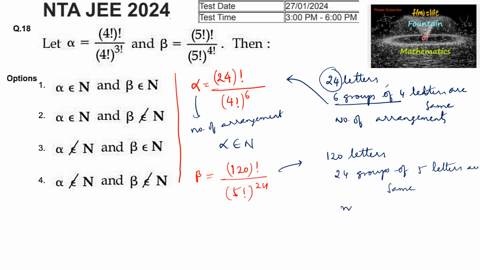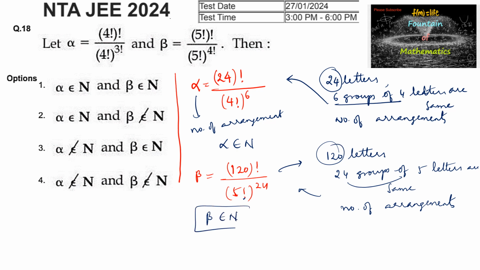In such a case the number of arrangements we can make is 120 factorial upon 5 factorial into 5 factorial, 24 times we'll consider, that is (5 factorial) to the power 24, because 24 5s are 120. So we can also say that it's the number of arrangements, so beta is also a natural number. So we can conclude that alpha is a natural number and beta is also a natural number, which is option A.